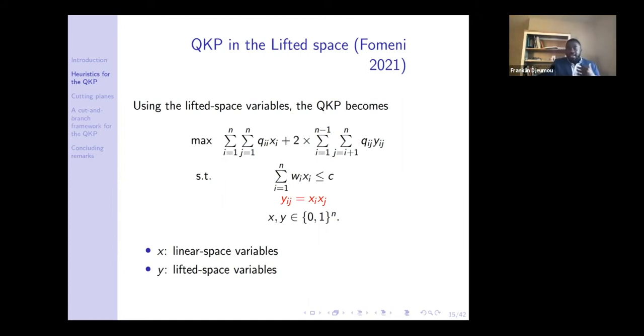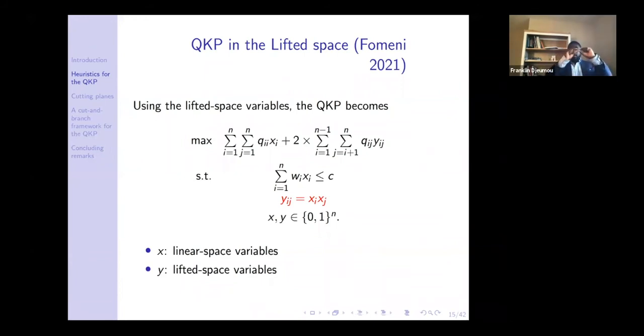When you do this, it doesn't make your problem less hard. The problem becomes even more complicated, because now the nonlinearity is in the constraints. But for this heuristic, we are not addressing that at the moment.